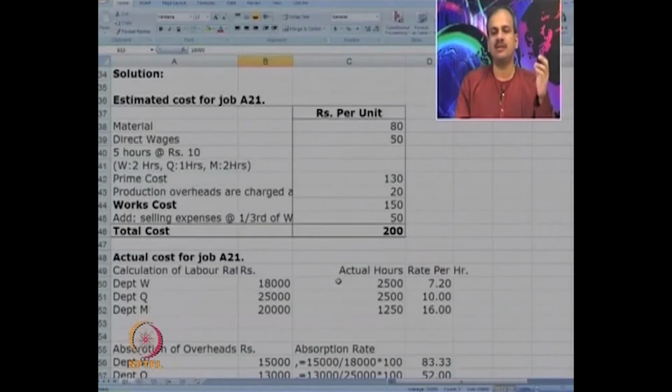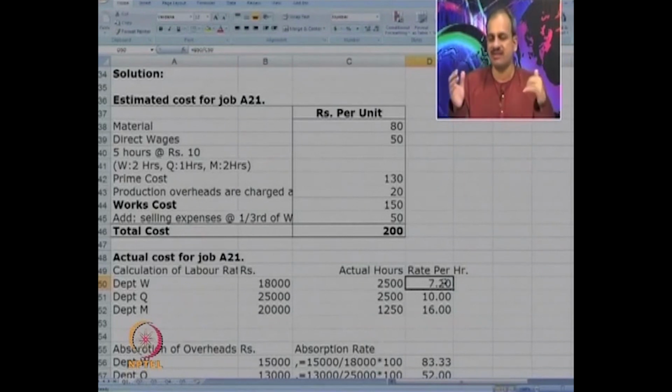Now we know that the company absorbs the production overheads on the basis of direct labor. That is why we have divided 18,000 by 2500. So we get a wage rate of 7.2.